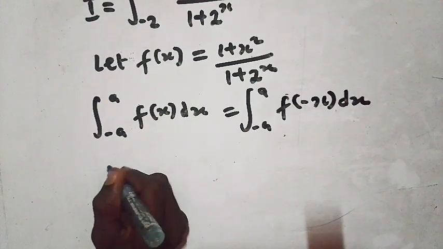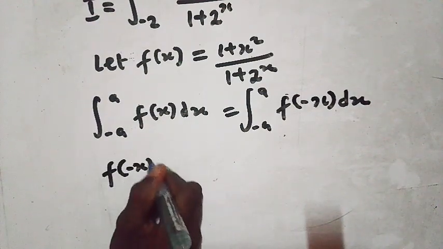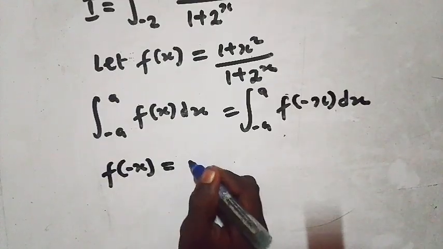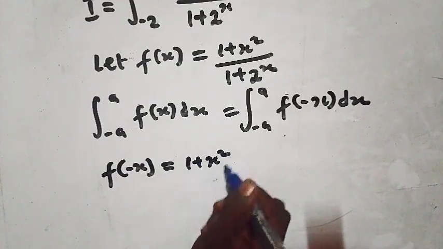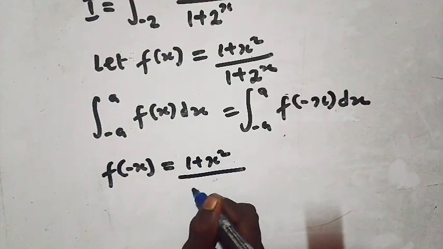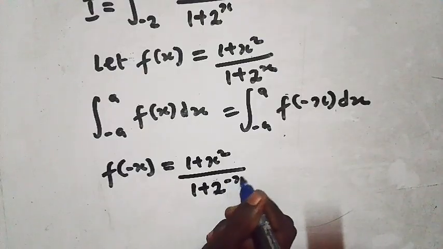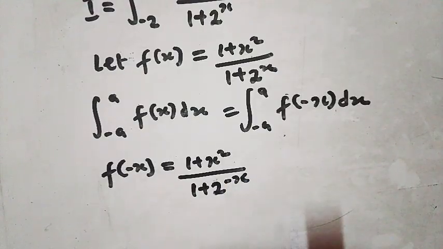Now let f of minus x be equal to (1 + x squared) over (1 + 2 raised to power minus x).